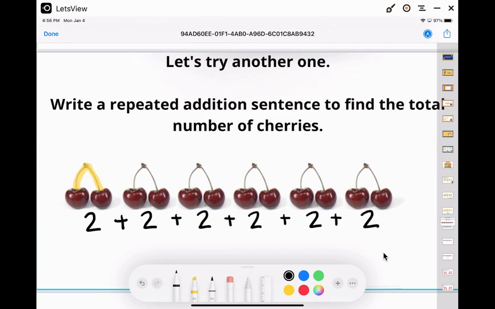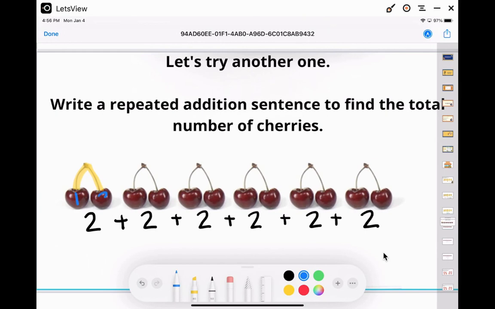But what does that equal? What can we do to figure out? Well, one way we can figure out how many total cherries we have is by just counting them. Let's try that.